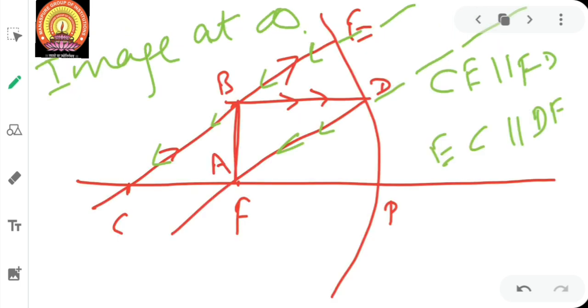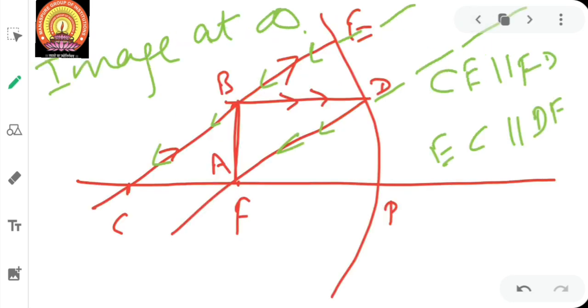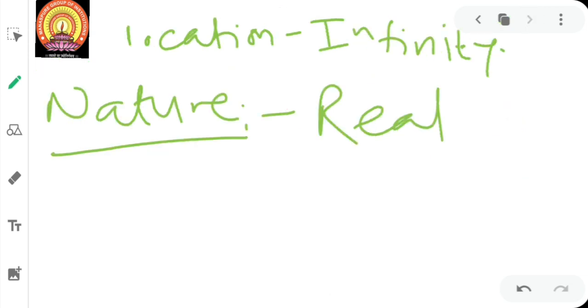As it is parallel and the image is at somewhere else at the infinity, therefore the image would be real for us. The image formation would be real, and also we can say that the image is inverted. We don't know where the image is formed exactly.